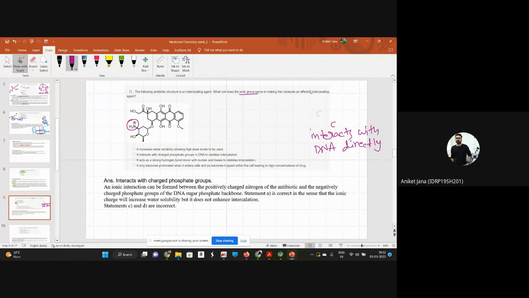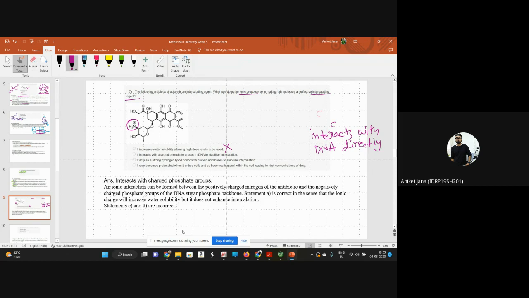Keep in mind that we are thinking in terms of intercalating agents. It is wrong, because in that sense it is true that this polar group increases the solubility, but it is not true with respect to our desired mode of action, that is the intercalating agent.